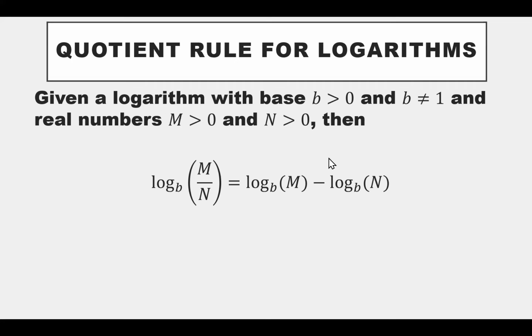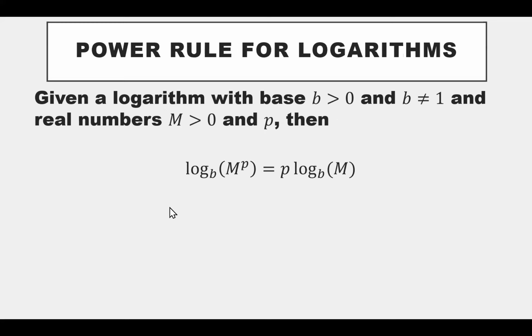Now our two numbers, just like before, the m and the n, have to both be positive for this to work. Otherwise, this does not hold true. If these are negative, then this is not a real number. Log base b of a negative number won't be a real number.